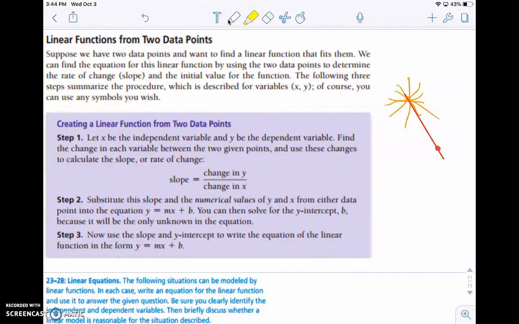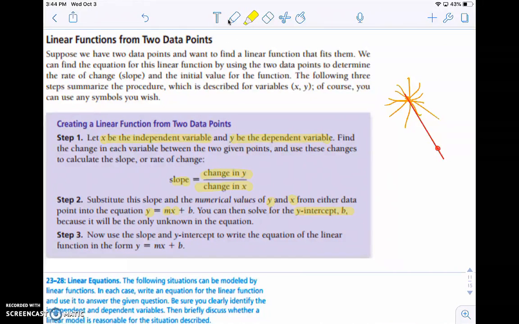So here's the way you're going to create this. You have your x as your independent variable, your y as your dependent variable. You're going to find your rate of change, so change in y over change in x, or your slope in other words. You substitute in the slope for m. And then you also substitute in x and y into your function, and that will allow you to solve for your y-intercept, b.